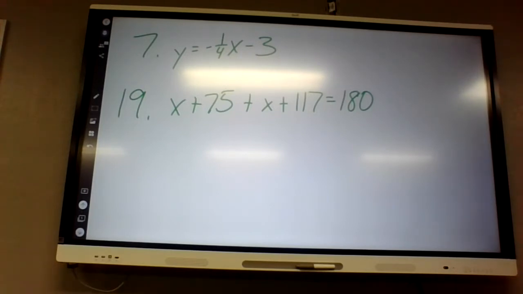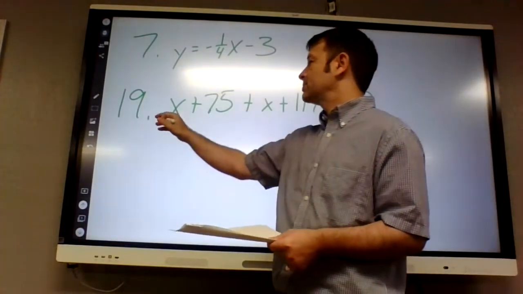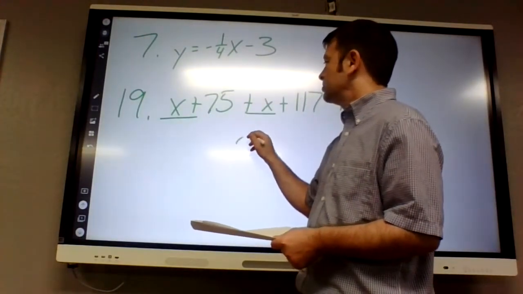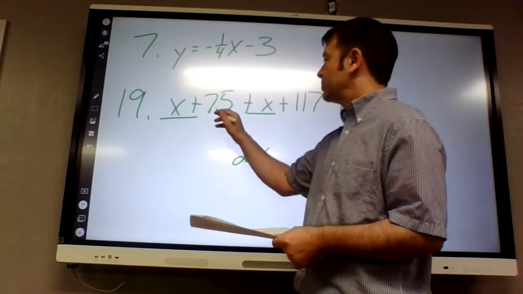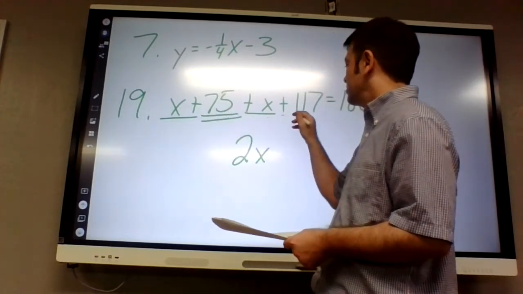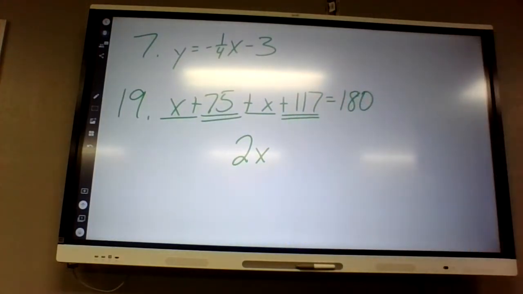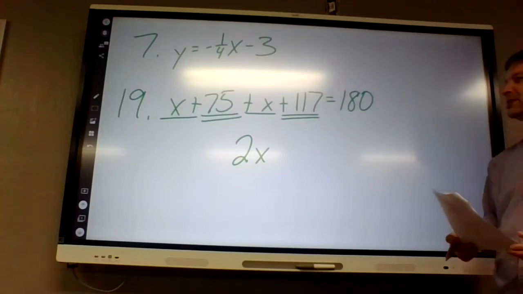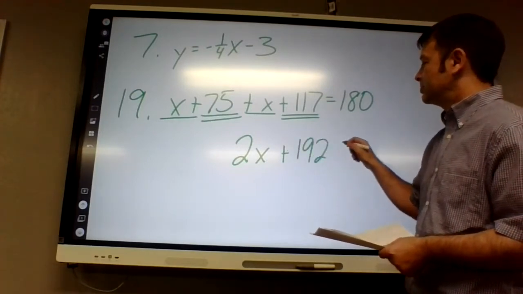All right. Willow, what should we do from here? Put the x's together. 75 plus 117 is, I believe, 192.